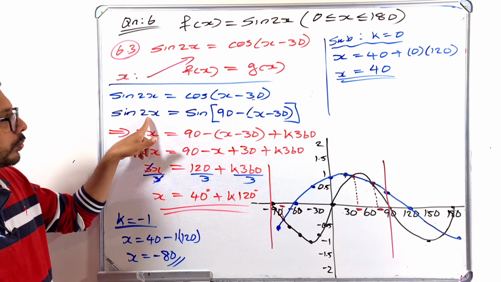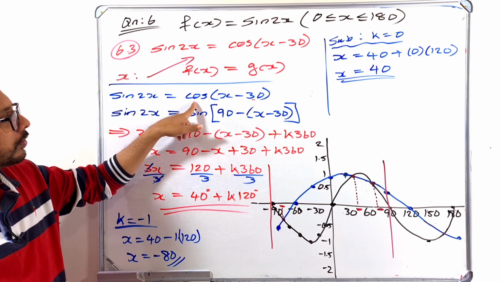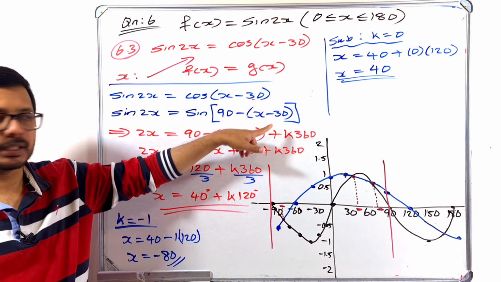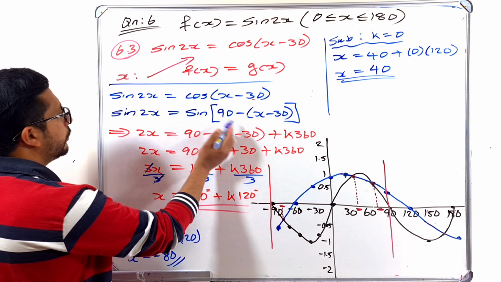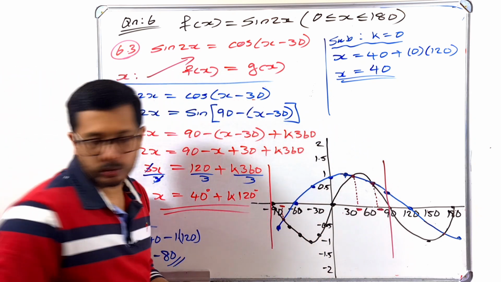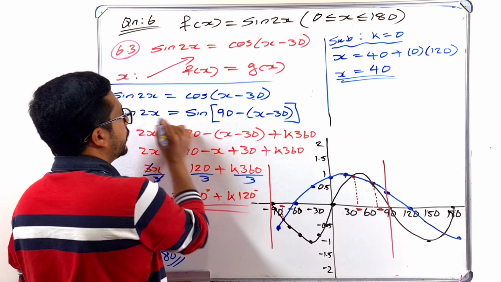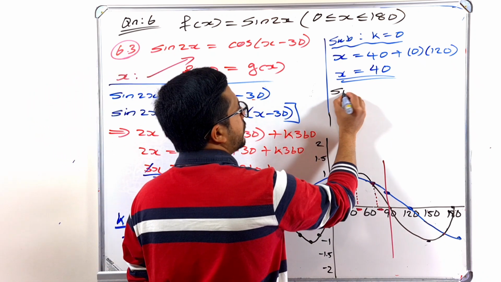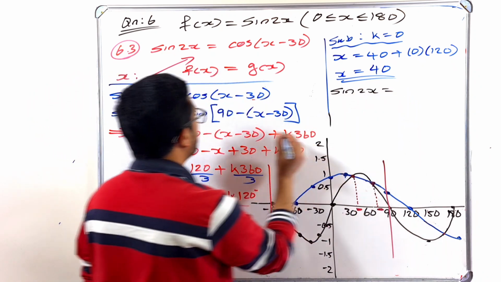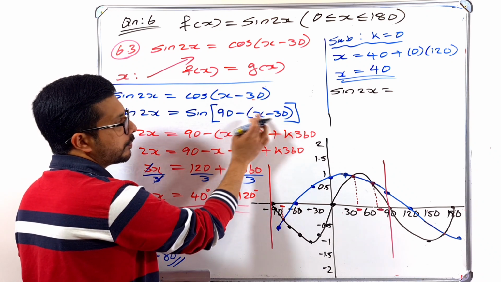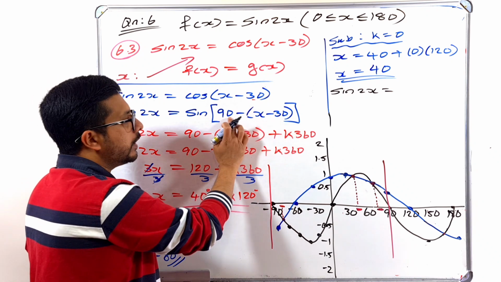We wrote cos of x minus 30 as sin of 90 minus x minus 30. Let me write it here once more. Second step, sin 2x is equal to sin of 90 minus minus 30, that is 90 plus 30.